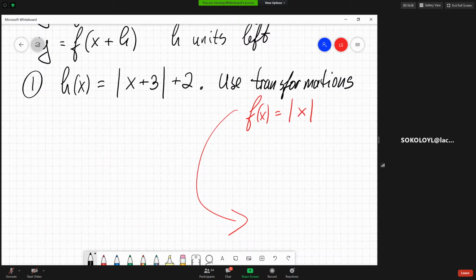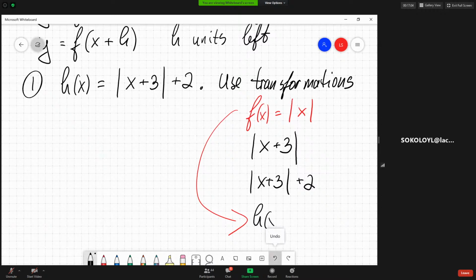Our first step here will be to replace x with x plus 3. And then this is our new function with x plus 3 inside the absolute value. And then we want to add 2 to this new function, which will be outside. So that gives us the function that we are after, which is h of x.